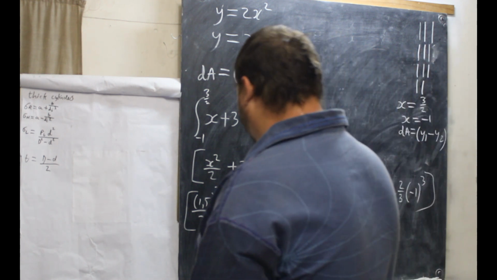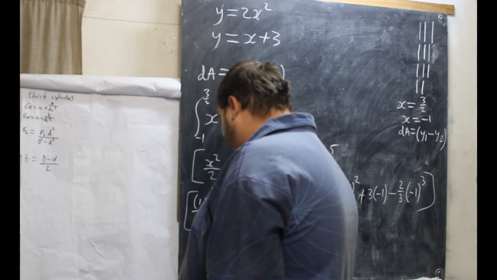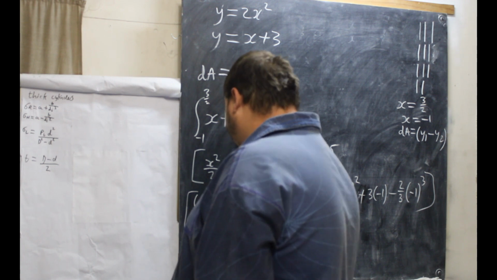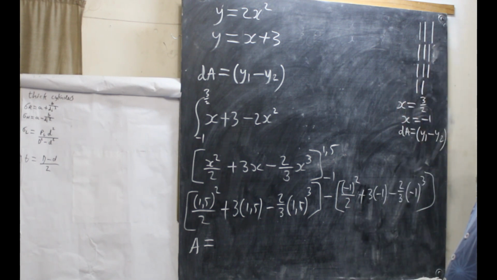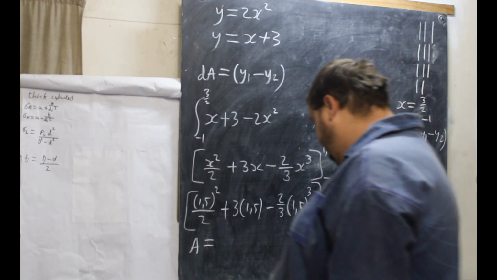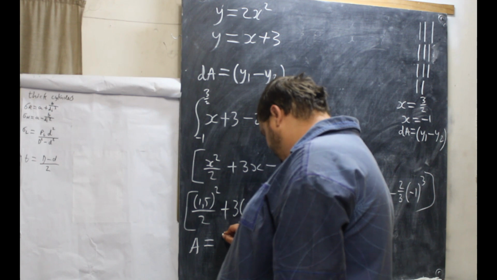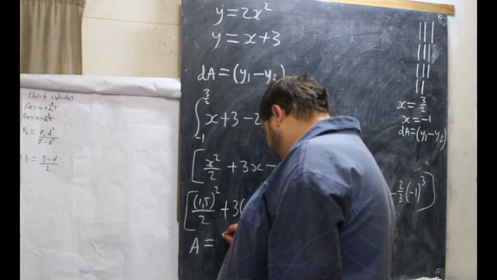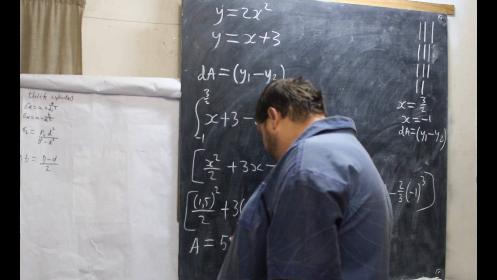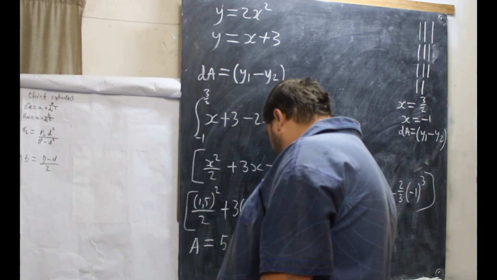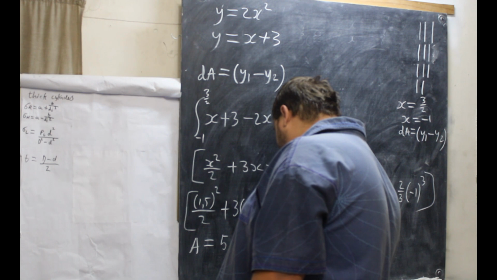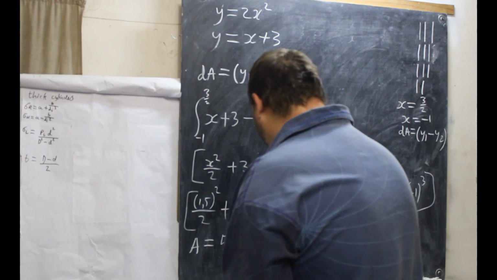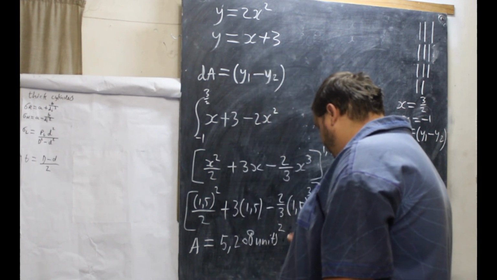And now what we're going to do is say A is equal to, now we get this whole sum, put each one in your calculator, and then you subtract them from each other, and then you get 5.208 units squared.